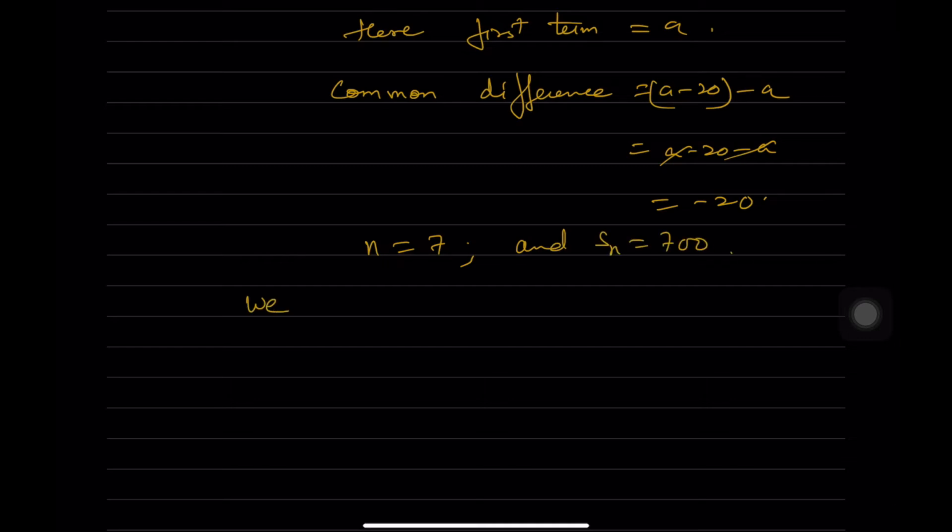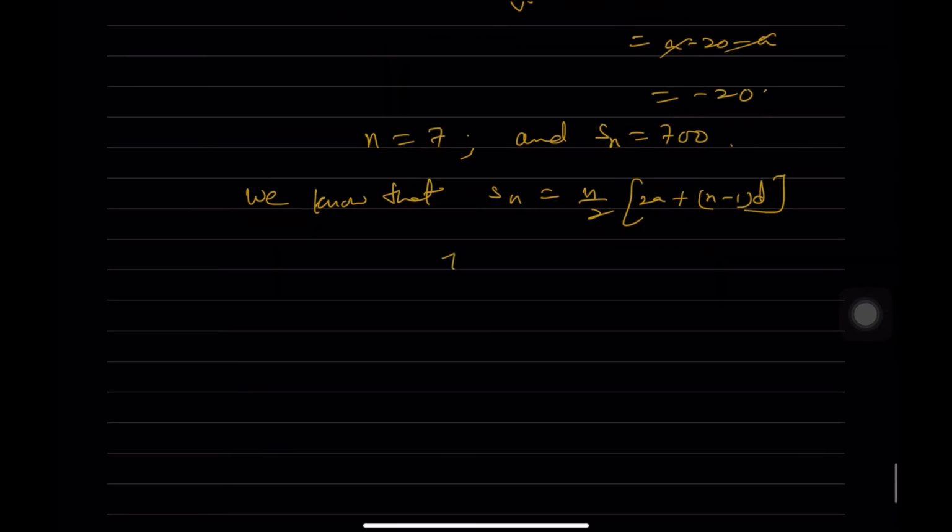So we know that Sn is equal to n by 2 into 2a plus n minus 1 into d. Which implies that 700 is equal to 7 by 2 into 2a plus 7 minus 1 into minus 20.